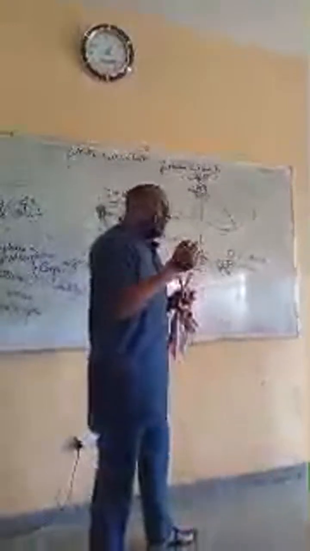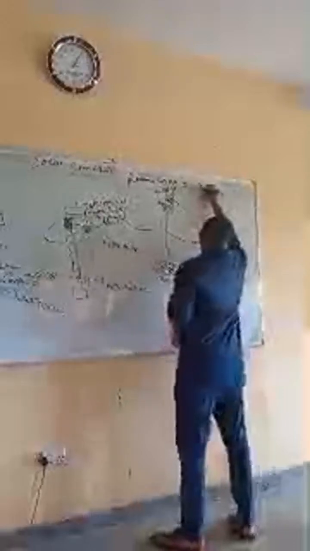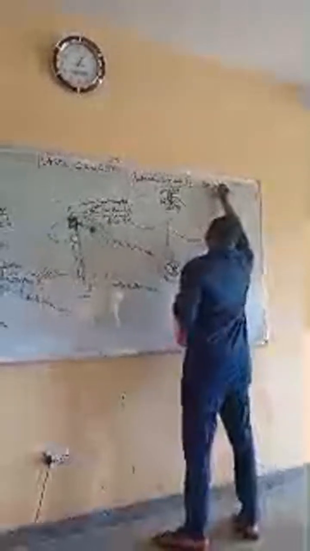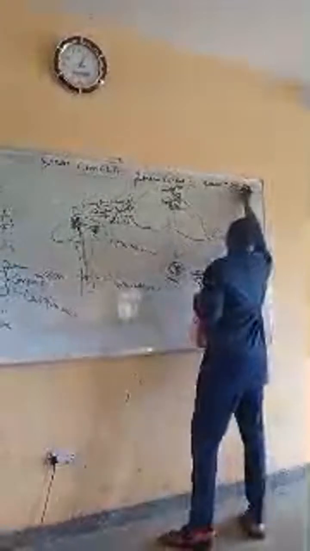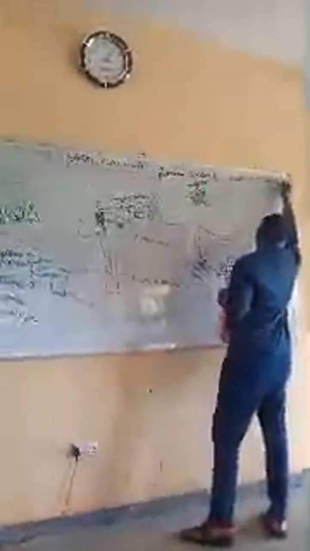Now, this particular circuit is actually involved in what? In the execution of complex patterns of motor activities. The putamen circuit is involved in the execution of complex patterns of motor activities.